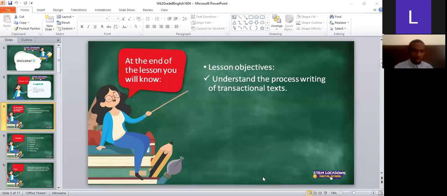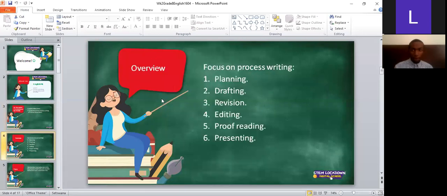Let's continue. So yes, here we are. The focus is on process writing. Those are the 6 steps which I'm going to break down in this lesson.